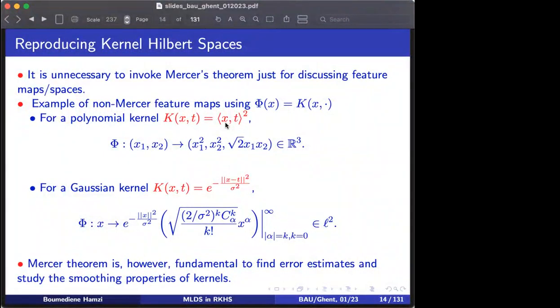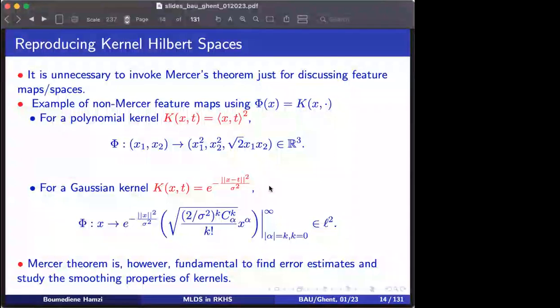This can then be written as the inner product of (x1 squared, x2 squared, square root of 2 x1 x2) with (t1 squared, t2 squared, square root of 2 t1 t2). So you see the embedding phi here goes from R2 into R3 and maps (x1, x2) into (x1 squared, x2 squared, square root of 2 x1 x2), and this is a direct way of computing the feature map.